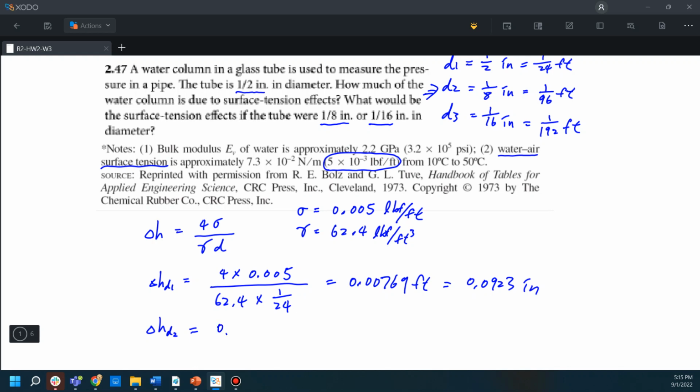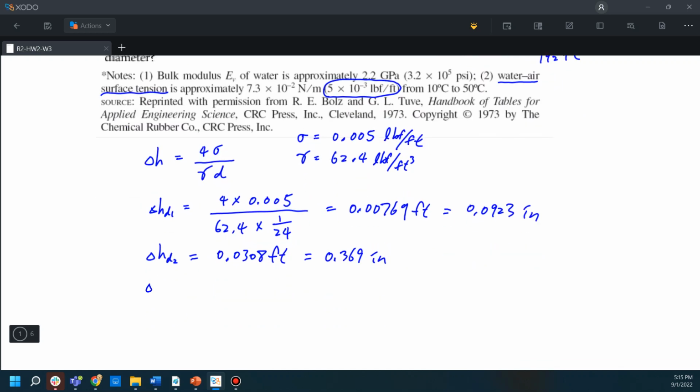So the answer will be 0.0308 feet, which is equal to 0.369 inch. And for D3, the delta H is equal to 0.0615 feet, which is equal to 0.739 inch.